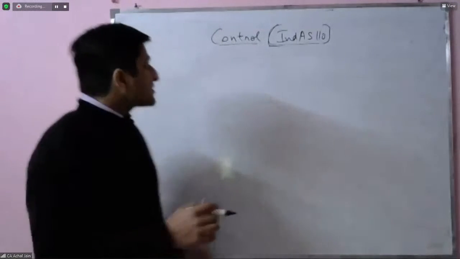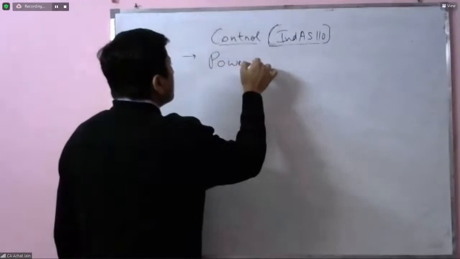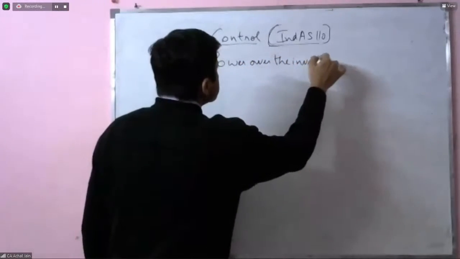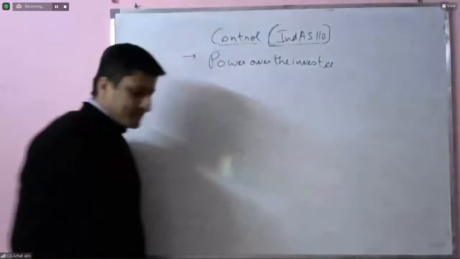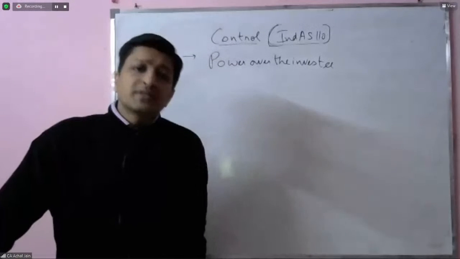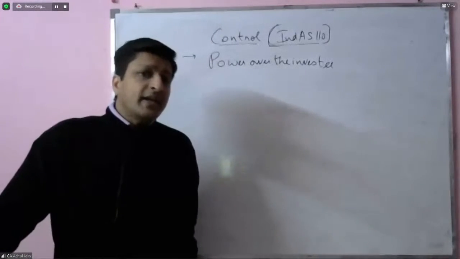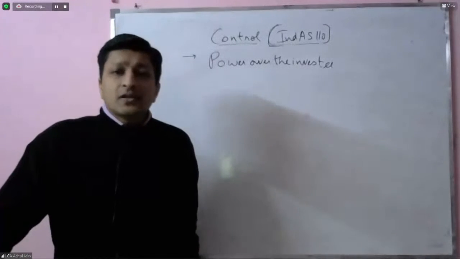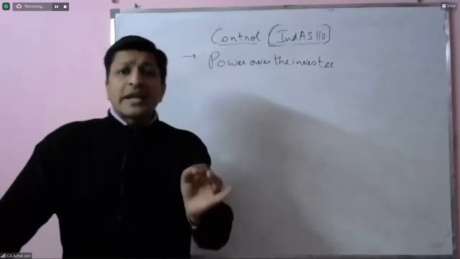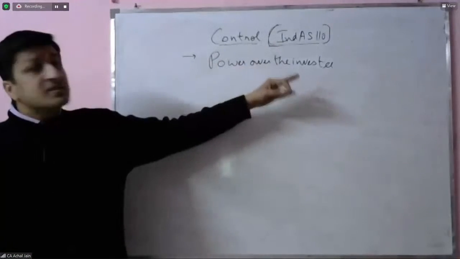First principle: power over the investee. If A Limited gets power over C Limited, and in our example A Limited is getting 90% shares of C Limited, then with those 90% shares A Limited will get power over C Limited.